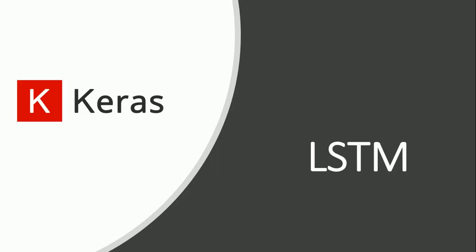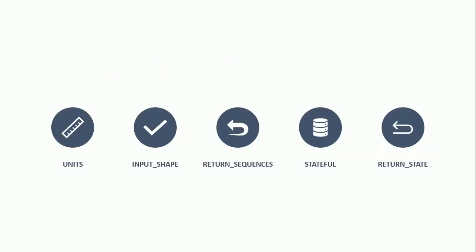Today in this video we're going to talk about the Keras LSTM layer parameters. Let's get started with the parameters we're going to discuss. We'll cover these 5 frequently used parameters.